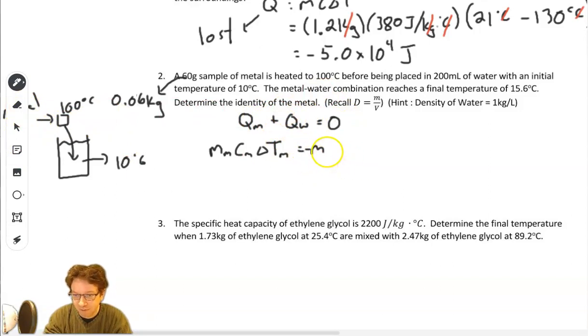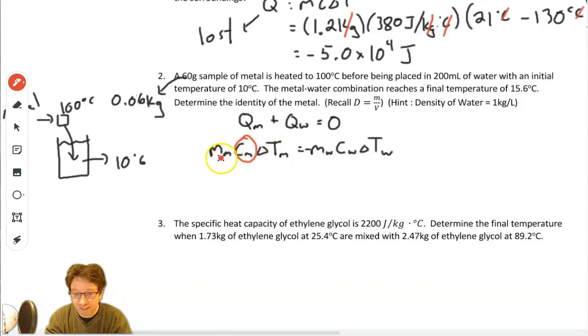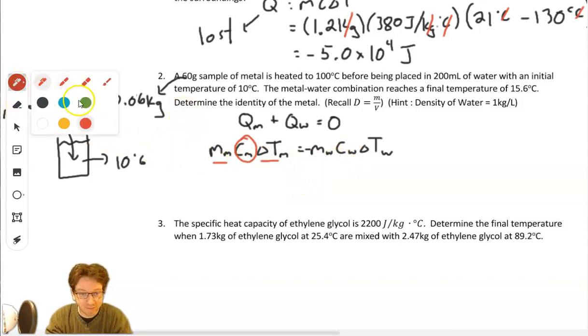So negative M for the water times C for the water times the change in temperature for the water. Now what we're trying to solve for is C for the metal, because we want to identify it. So we're going to divide both sides by its mass and its temperature. Then we've isolated it. And we're going to substitute everything we know.